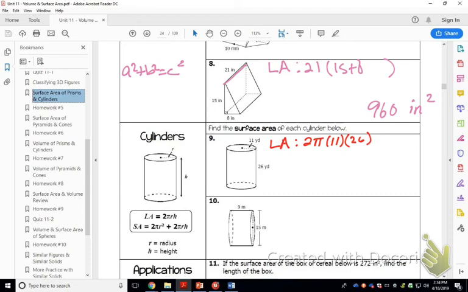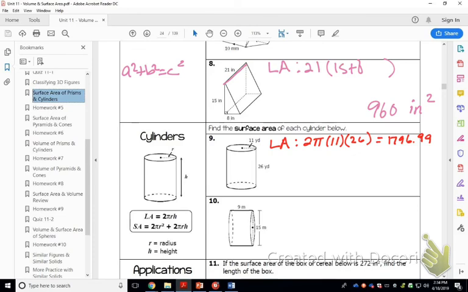So multiply that. Do you get 1,796.99? Yes.